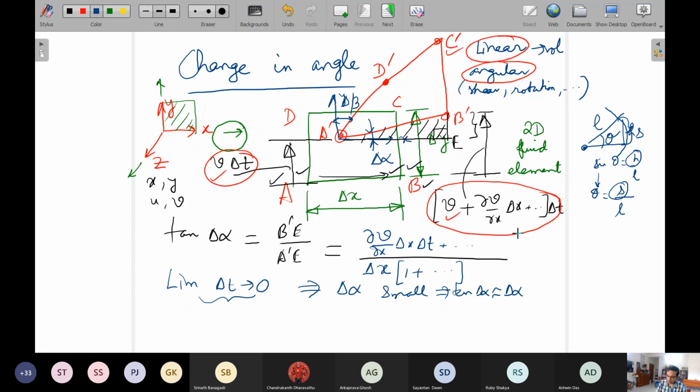So similarly, tan delta alpha will be delta alpha. So instead of this, we will write delta alpha. And because the rate of change is important, we'll take the limit and divide this by delta t. Remember that we are also taking delta x, delta y, etc., these lengths, also small.